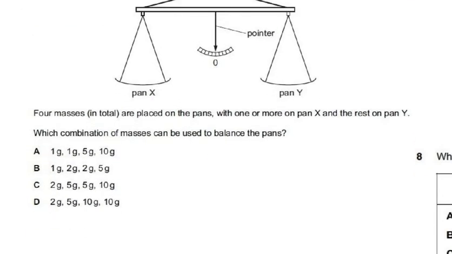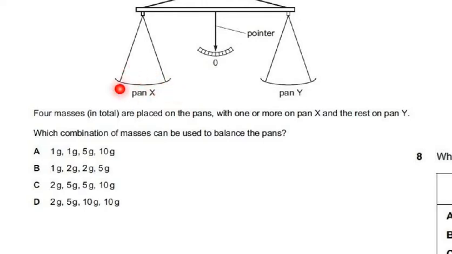All right. It says 4 masses are placed on the pans, 1 or more on pan X and the others on pan Y. So which combination of masses could be used to balance the pans? All right. So we have 4 possible combinations.